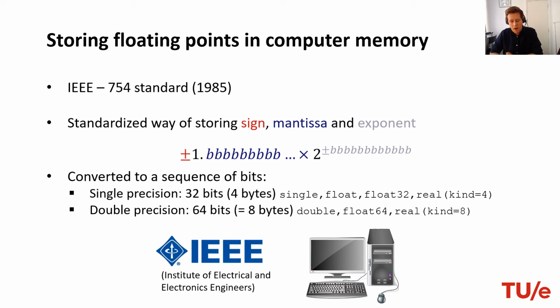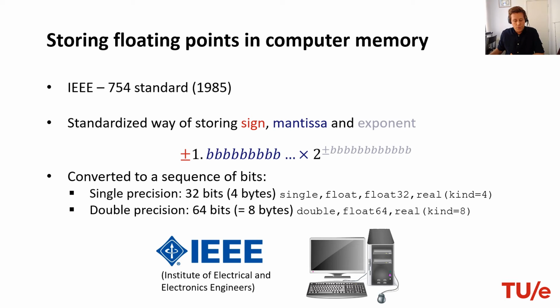Up until now, all that we've discussed is actually pure exact mathematics, whereas this IEEE standard is more computer science. So here we move on from the pure mathematics that we discussed so far into a standard defined by engineers as to how to store these numbers in a computer.